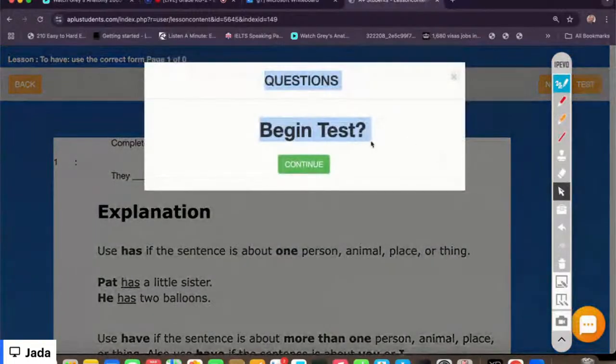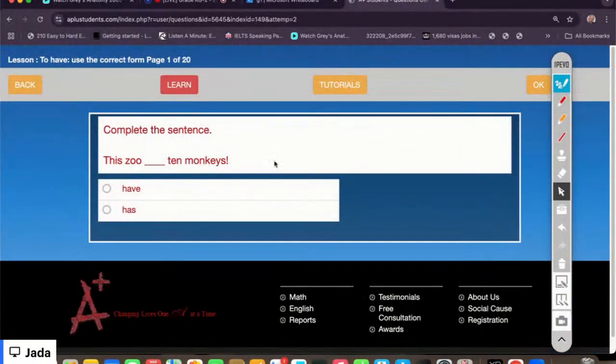Alright, so we'll move on to the test and you can share your answers. So complete the sentence. This zoo dash 10 monkeys. So what is the right one? Have or has?